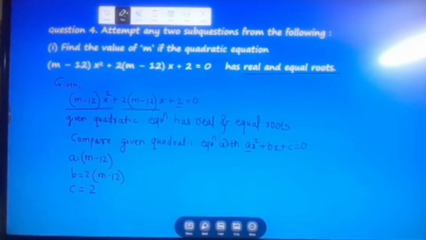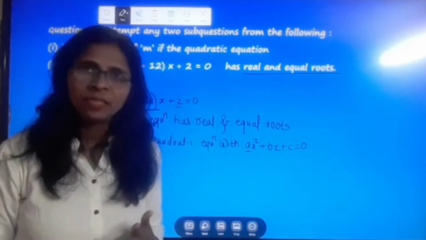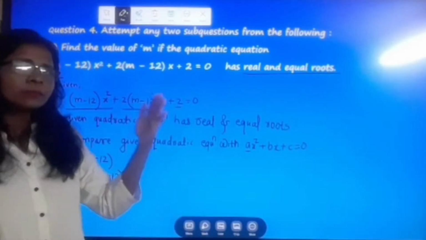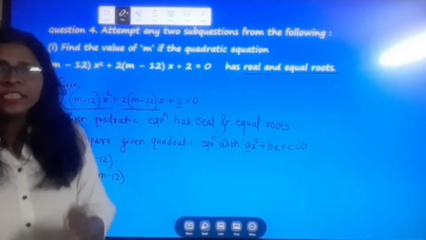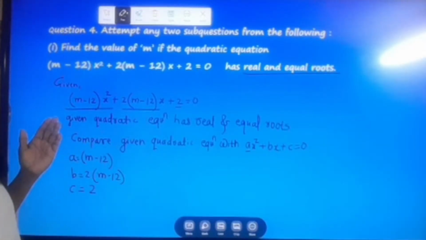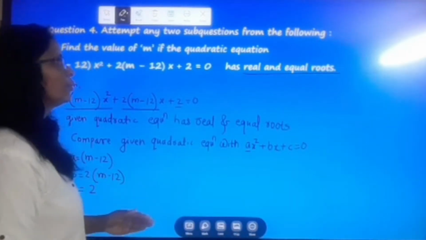Okay, so now after getting the values of a, b, c, go towards the condition. The condition is that the equation has real and equal roots, and that means we can say that delta is equal to 0.